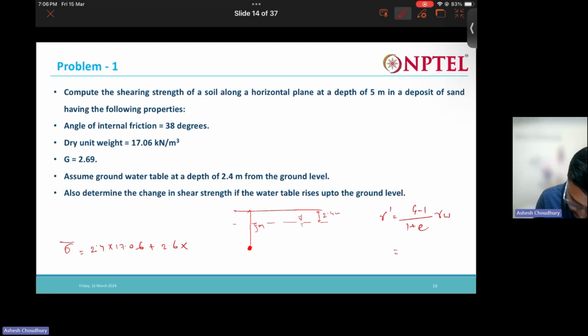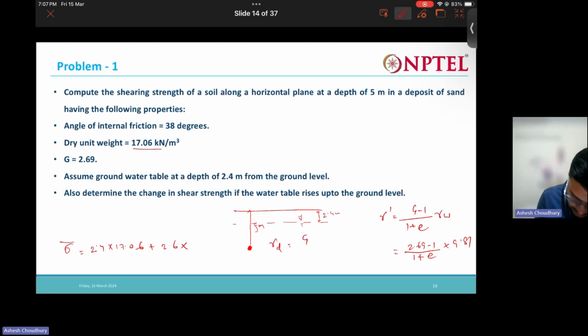So if you do this, you will get the submerged unit weight. E is unknown, right? So E also you need to find. To find out E, we can use this dry unit weight value.